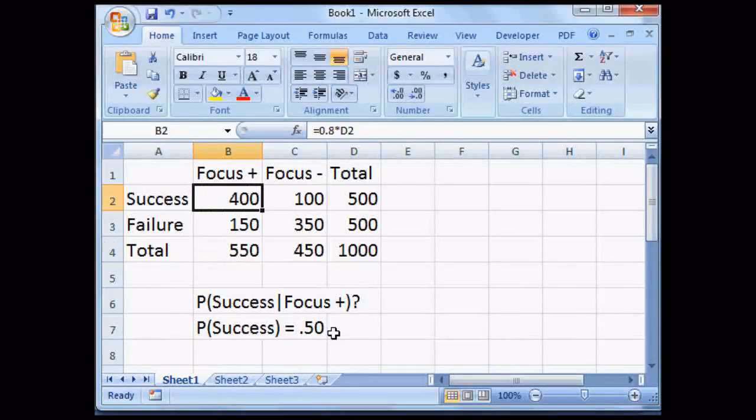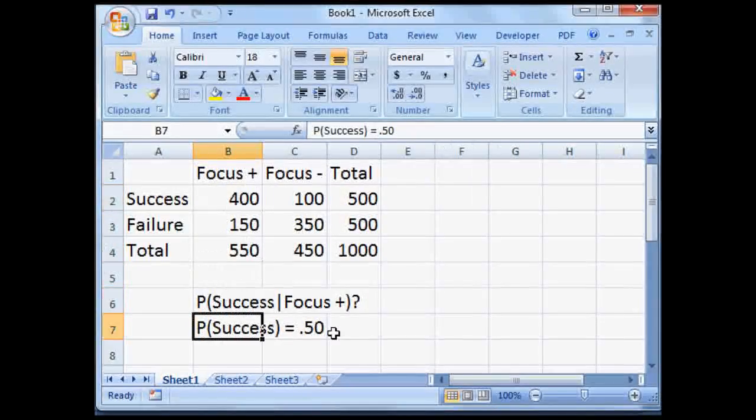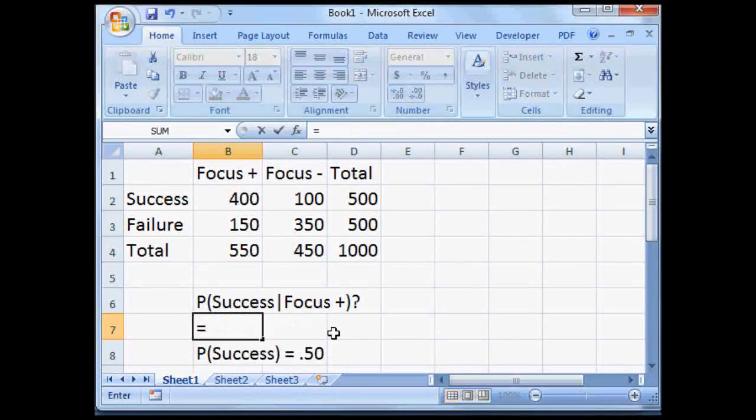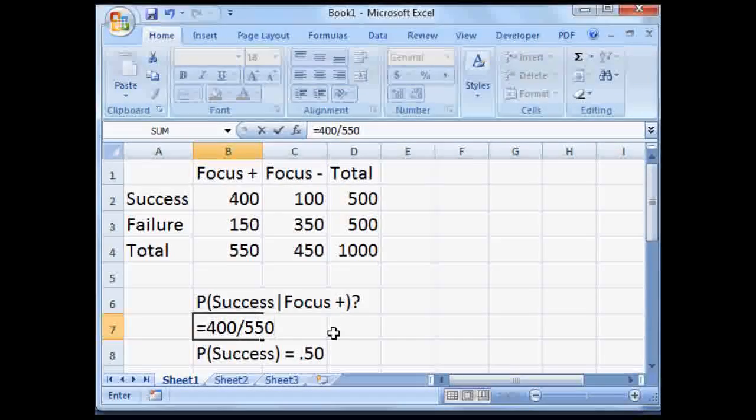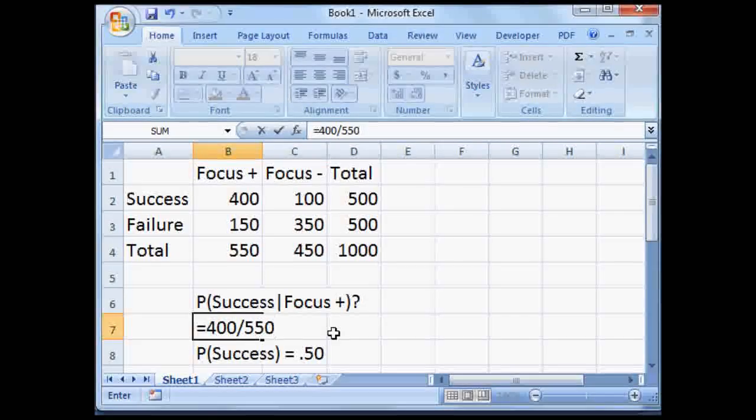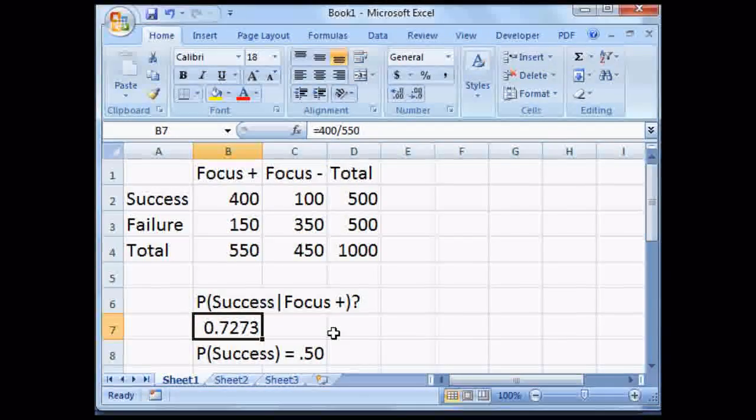And the answer is 400. So what is my probability of success given focus group? Well, it's equal to 400 divided by 550, right? Of the 550 focus group positive products, 400 of those were actually successful. So there's our new probability of success.